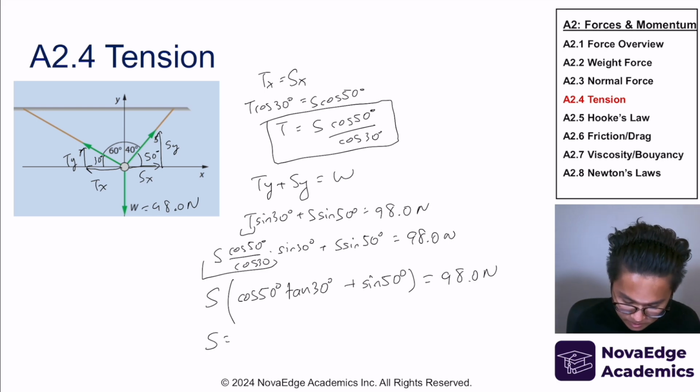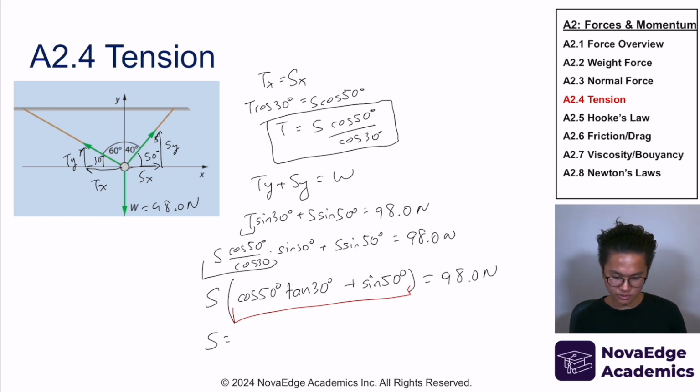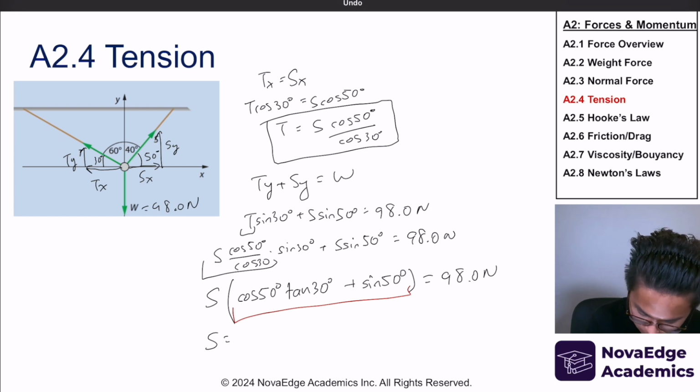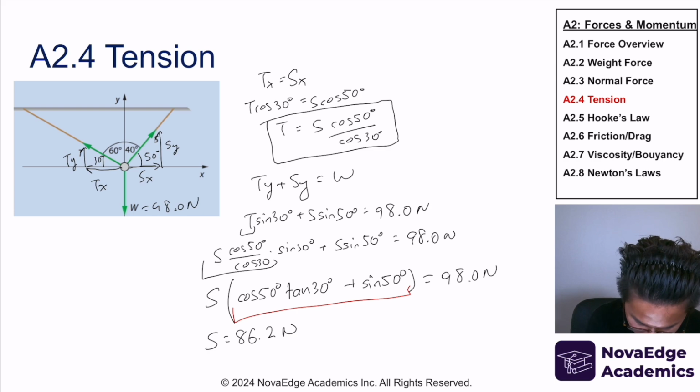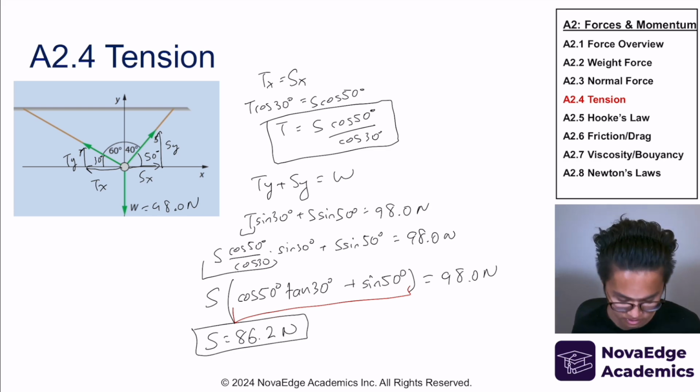If I divide both sides by this, then I can solve for S. So S is going to be 98 divided by cosine 50 tan 30 plus sine 50, and that's going to be equal to 86.2 newtons. Okay, so I can find S is equal to 86.2 newtons.